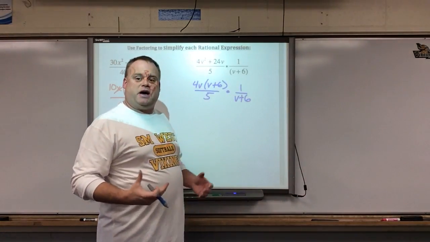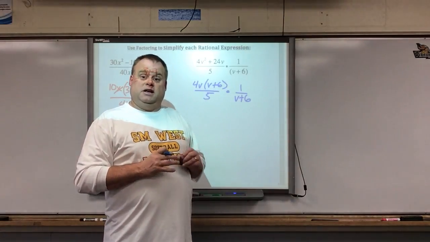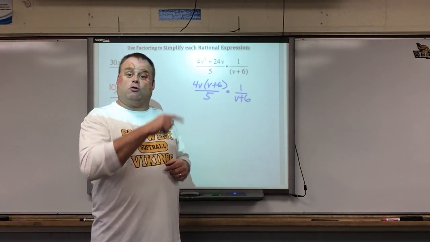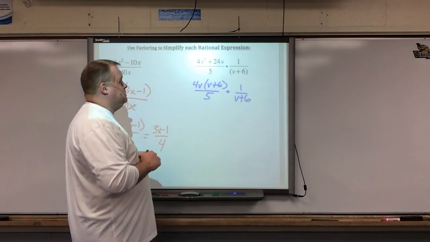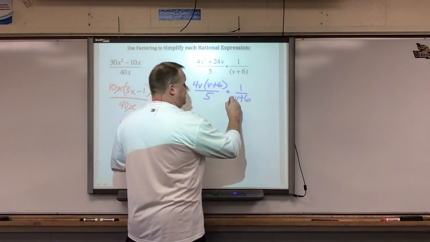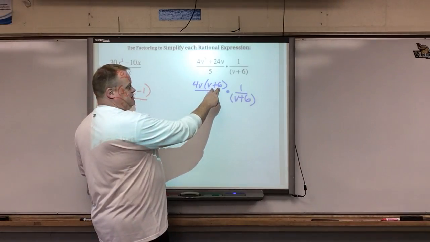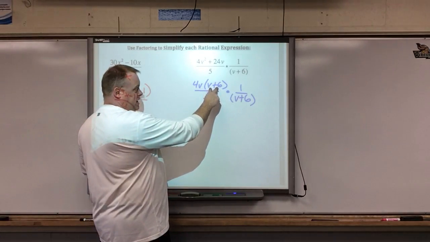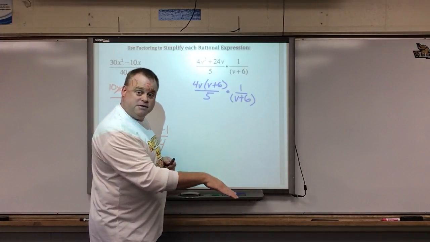And like we talked about on Friday, we want to see if we can simplify either across or up and down, eliminate items up and down or side to side that make life much easier for us. As I notice, I've got a v plus 6, one binomial unit, and I've got a v plus 6 on the bottom, opposite from it.